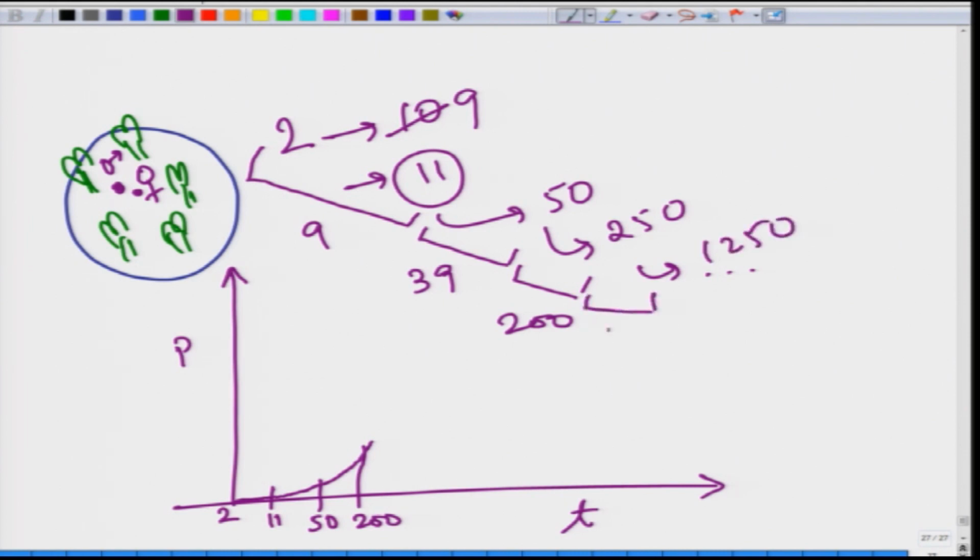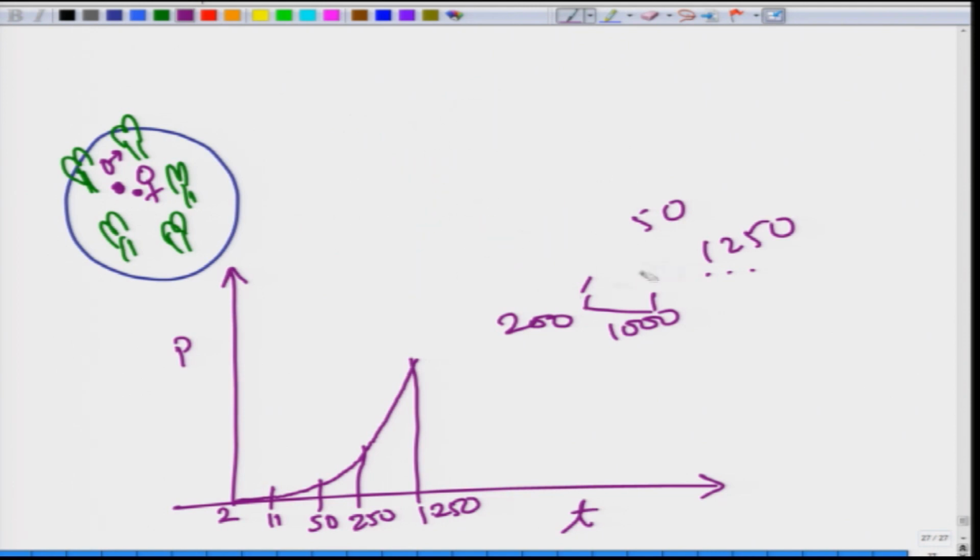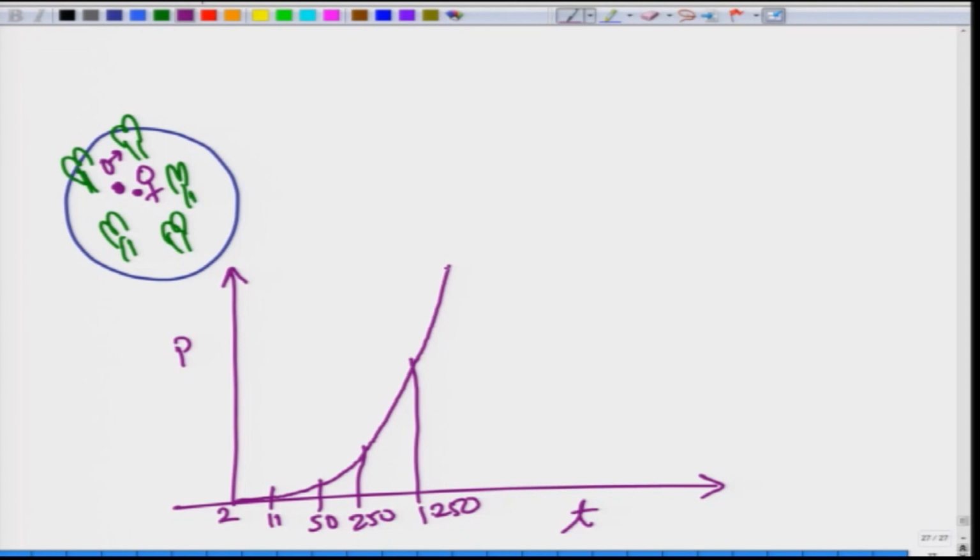So the increase is 1000. This is 250 and here it is 1250. So what we are saying is that the population which was earlier increasing at a small rate, because we had very few individuals to begin with, now has reached an exponential phase.